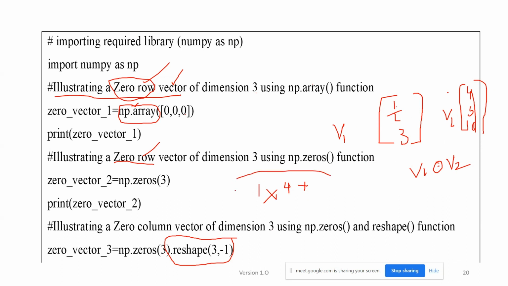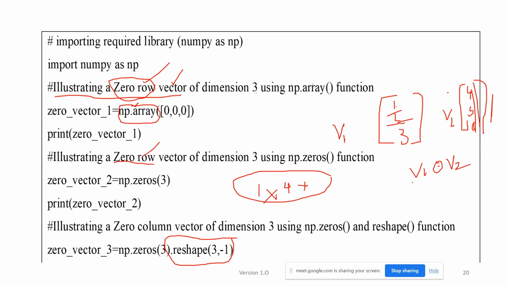That creates the first row. The second row with the second column, second row with first column and second column, like this.